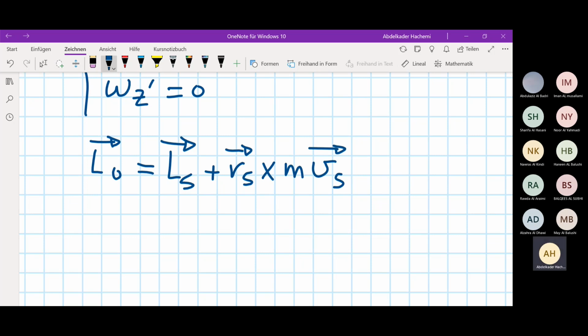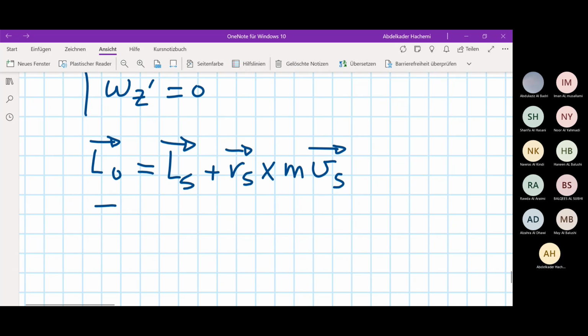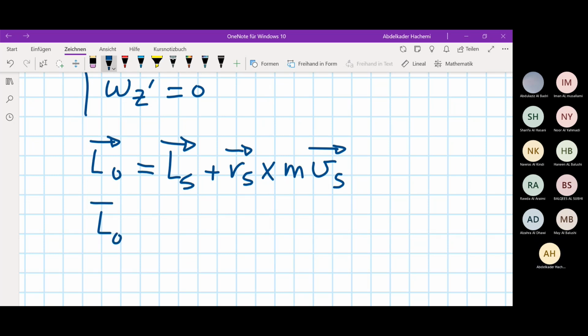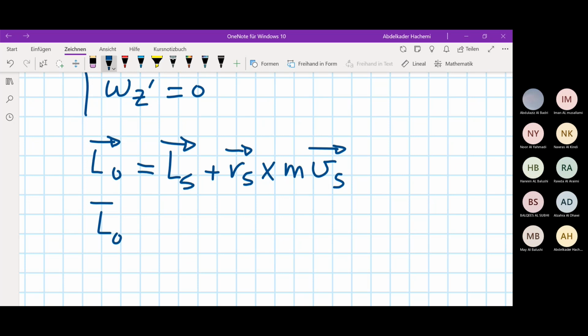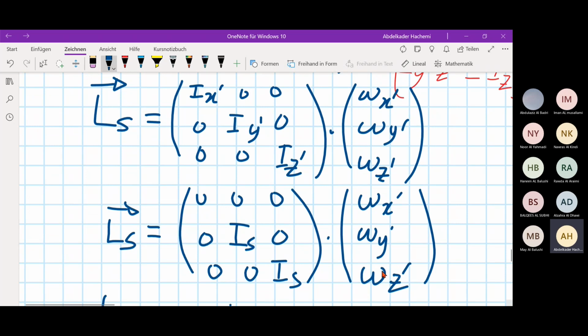Then it means what we have here, LS, LO product here, okay, this component is 0, the first component is 0.